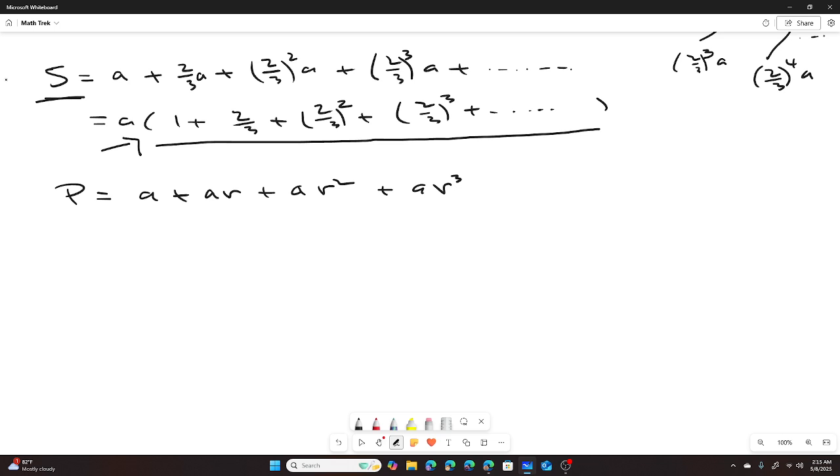But let's suppose that we terminate at some finite value. Let's call it n, so r to the power of n, and we terminate at that point.